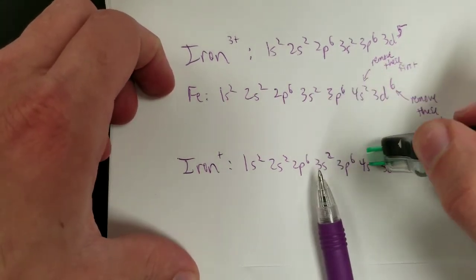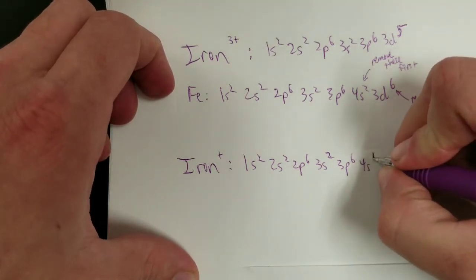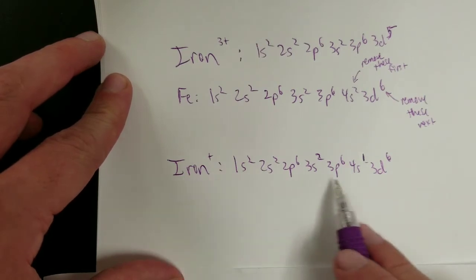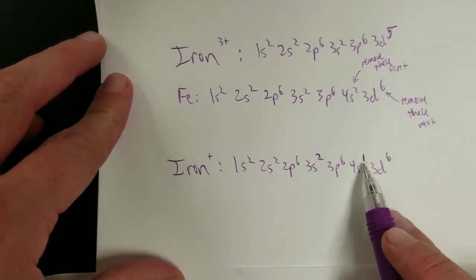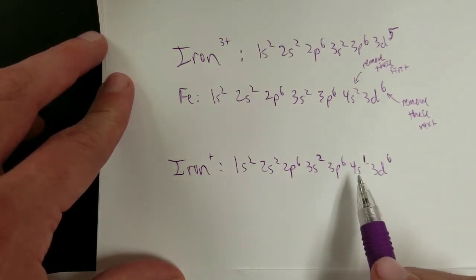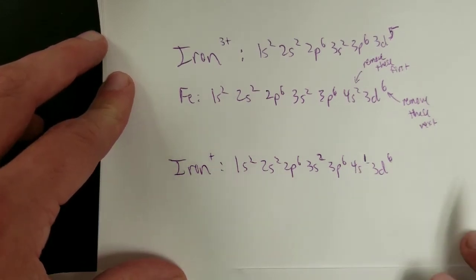So I change this configuration, so that's a 1. That's right. The electrons come out of here first, and then out of here once there's no more to take out of here. That's just the way it works. It comes out of the highest numbered energy level first, for whatever reason.